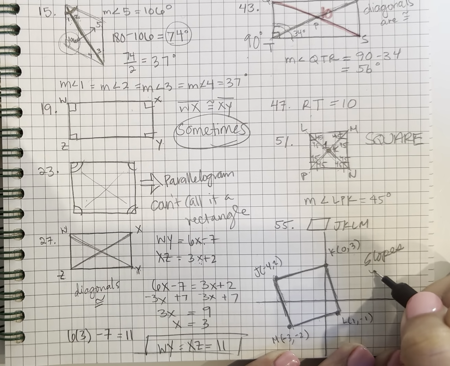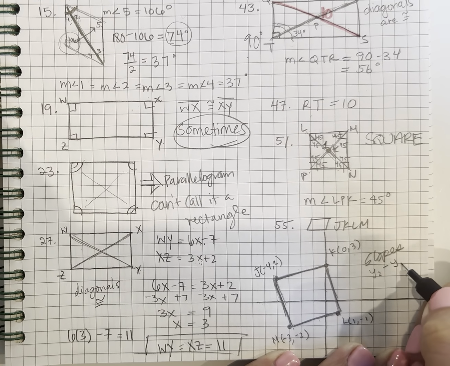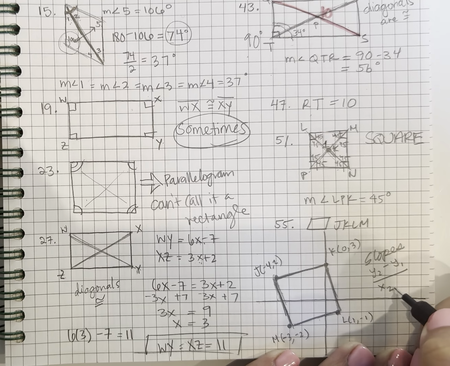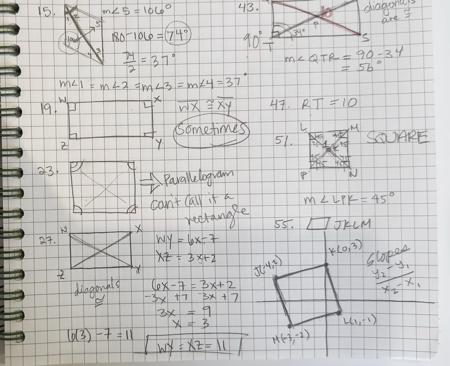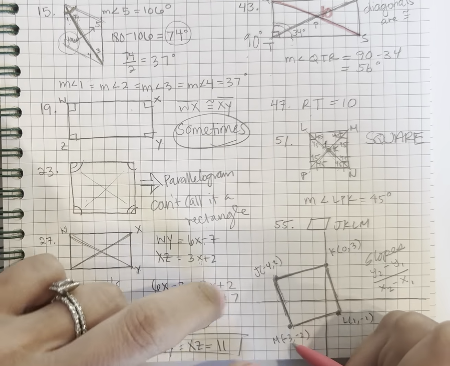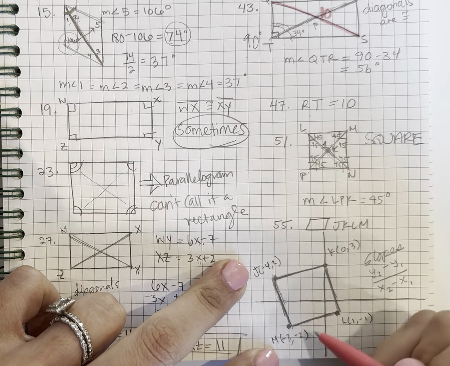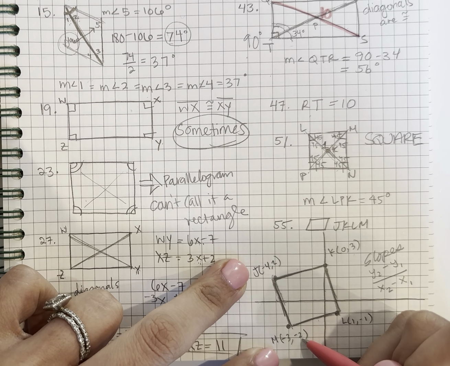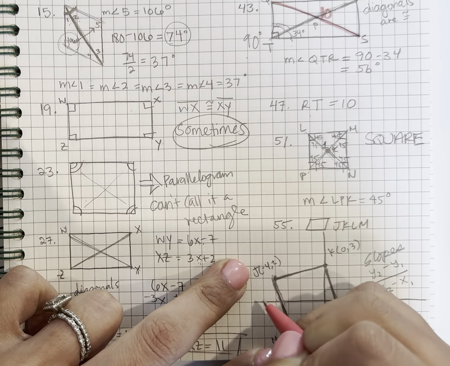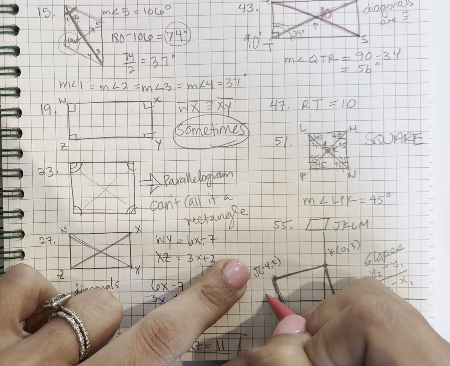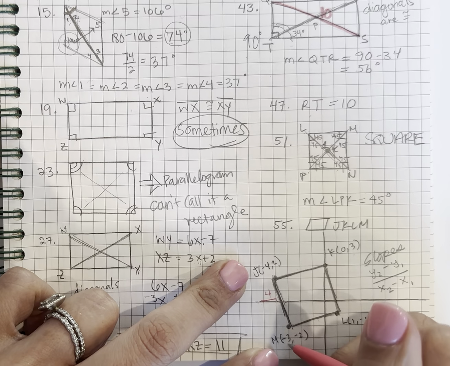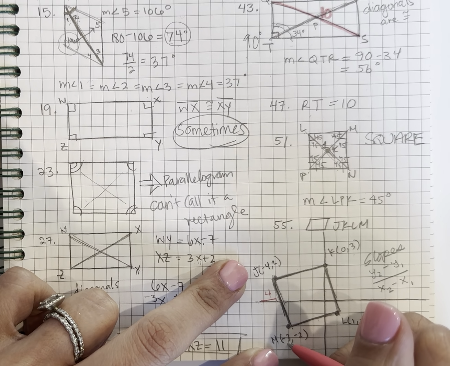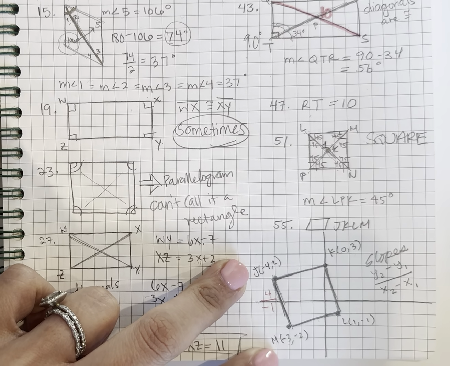Okay, slopes are subtract the y's and subtract the x's. So this is what I'll do. I'm going to subtract the y between J and M. So 2 minus negative 2 becomes 2 plus 2, which is 4. And then negative 4 minus negative 3, negative 4 plus 3 is negative 1.